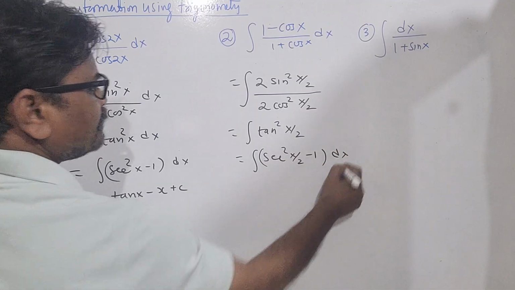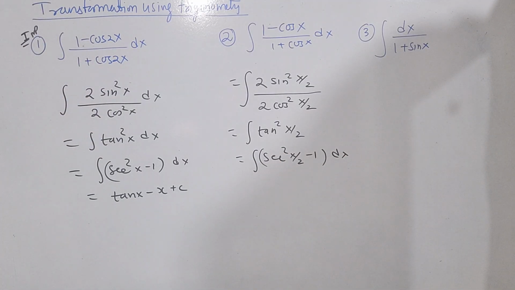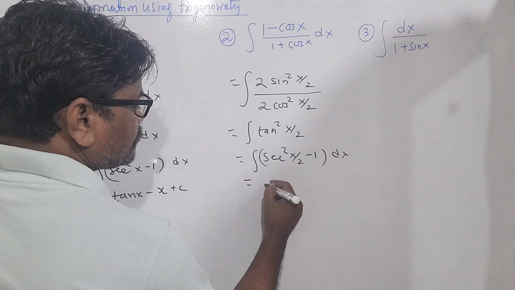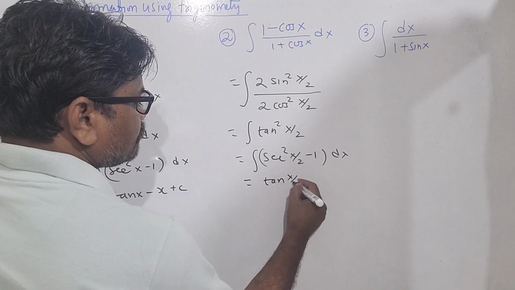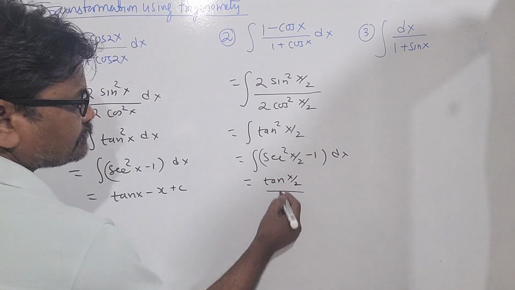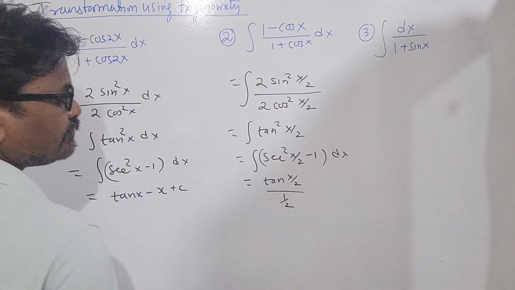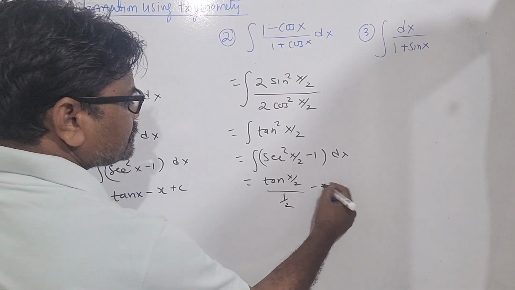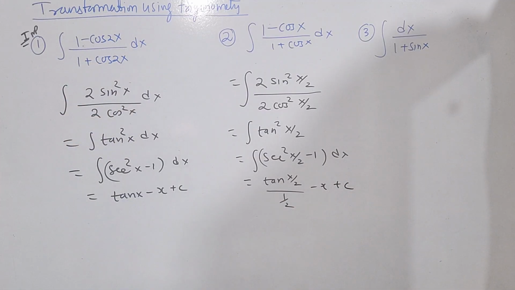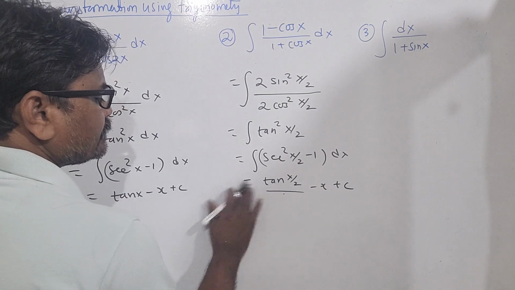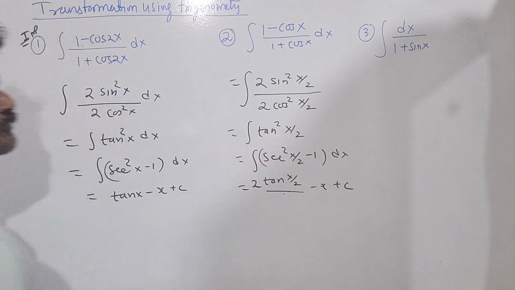Correct? 1 plus tan square x is sec square x, na? And sec square can be integrated. Okay, so this is tan of x by 2. The coefficient of x is 1 by 2, so divide by 1 by 2, and minus x plus c. That is very simple. This 1 by 2 can be written as into 2. Correct? 2 tan x by 2 minus x plus c. Clear? Both the problems.